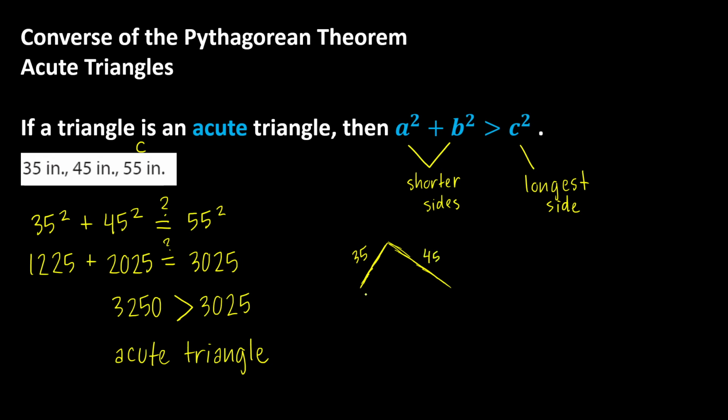And then you can see that the base when I form this triangle is going to be longer than the 45 side. So this will be 55. And again, this is an estimate, but you can see that none of my angles appear to be right or obtuse. This is an acute triangle.